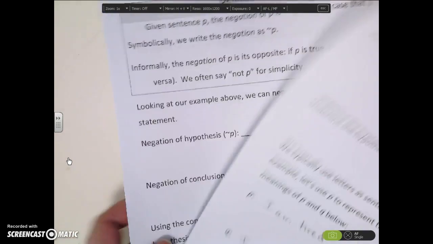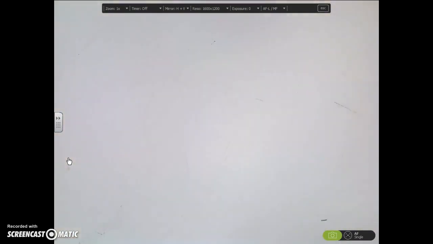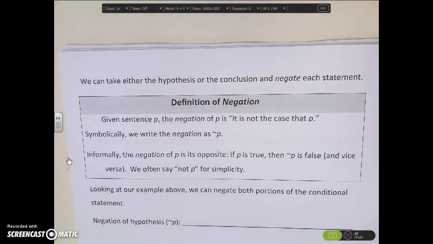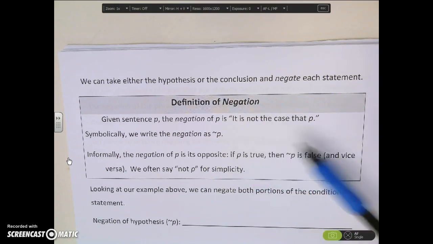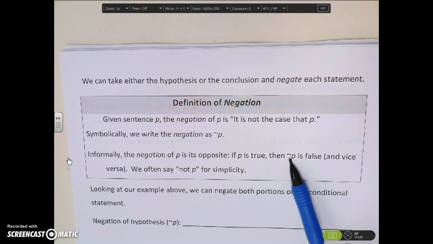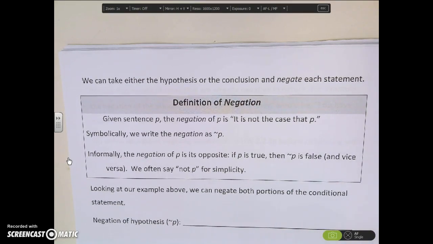All right, let's take a look now at negation. We can take any hypothesis or conclusion and negate each statement. What negating simply means is to change the truth value. The negation of P would be, it is not the case that P, or shortly, not P. Basically, if P is true, not P is false, and we use a tilde to represent the negation.